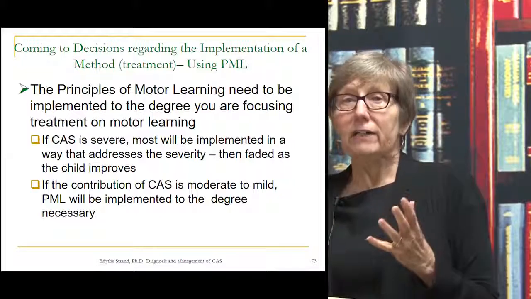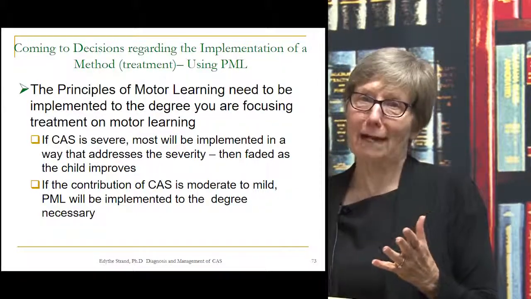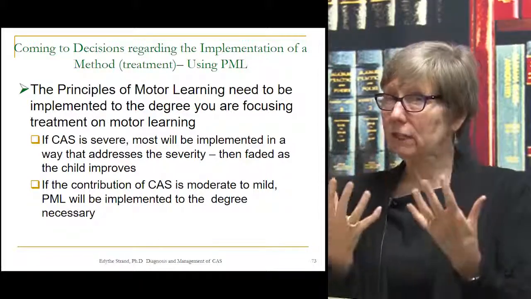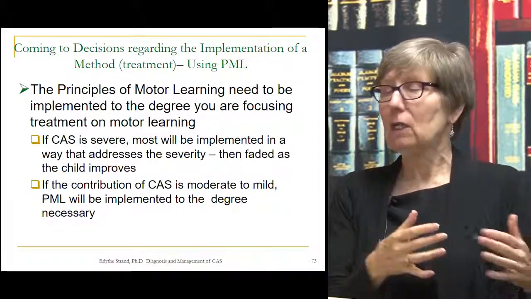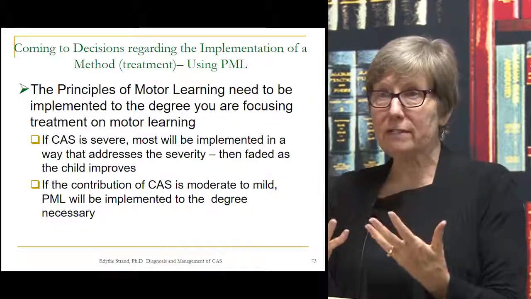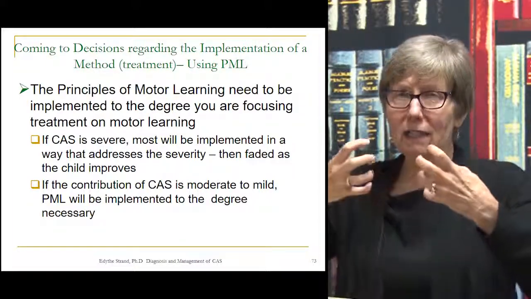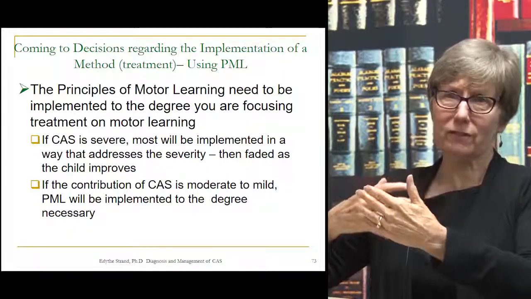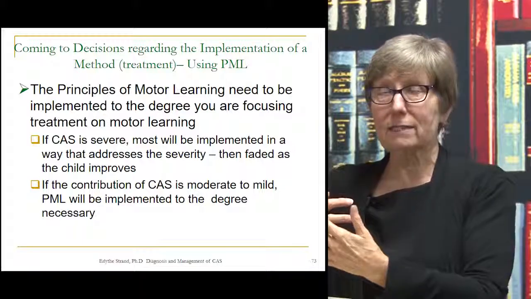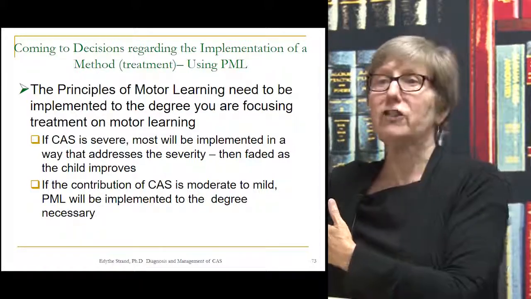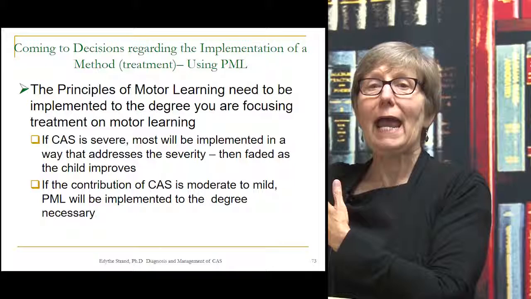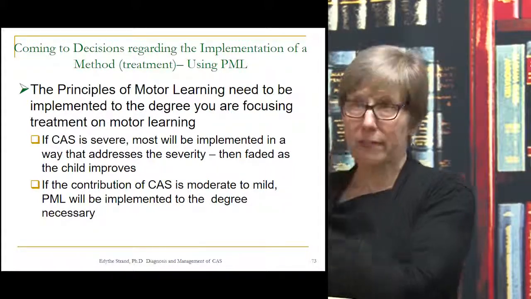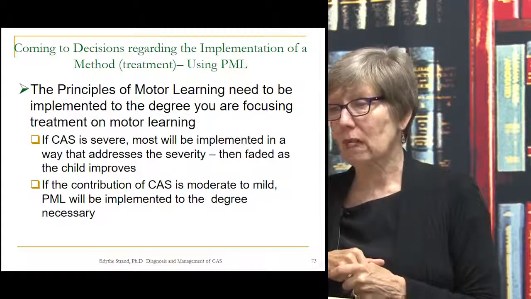We said that severity is going to greatly impact how we implement these principles. If childhood apraxia is quite severe, it will be implemented in a way that addresses that severity by providing a lot of support at first to get the movement more accurate, but then fading those different levels of support as quickly as we can to facilitate the generalization of that skill and still get enough practice to allow the habituation of that learning.